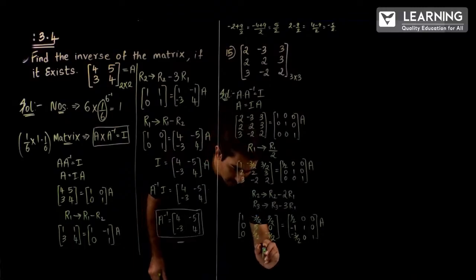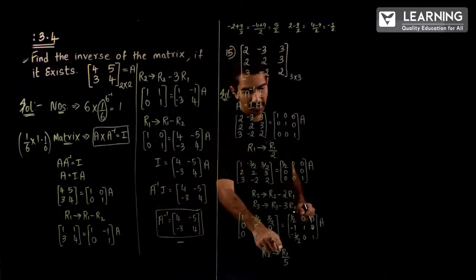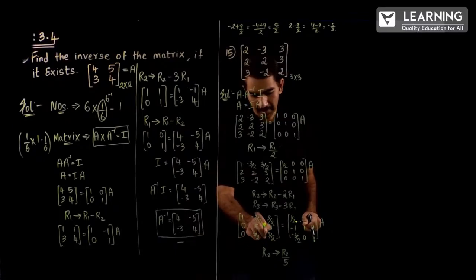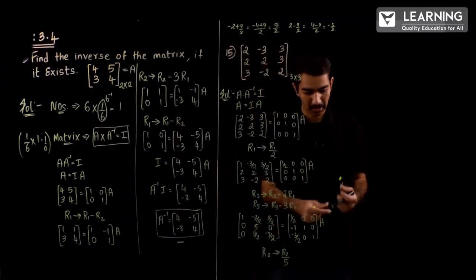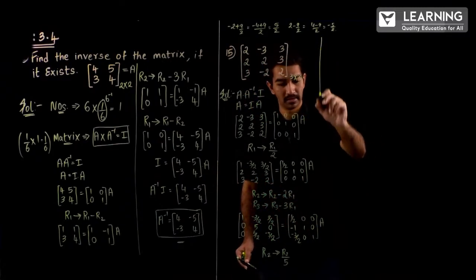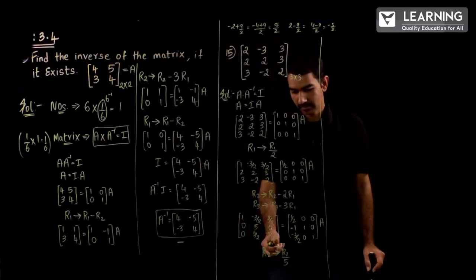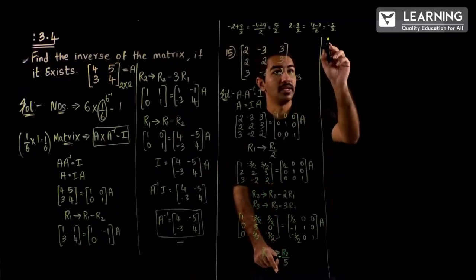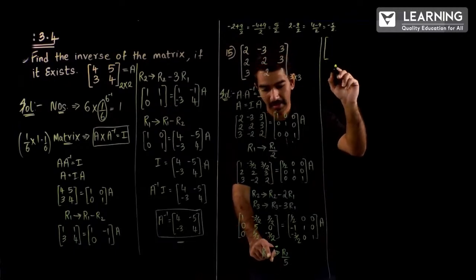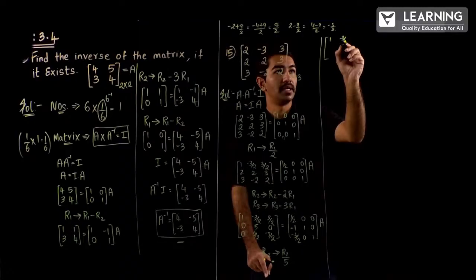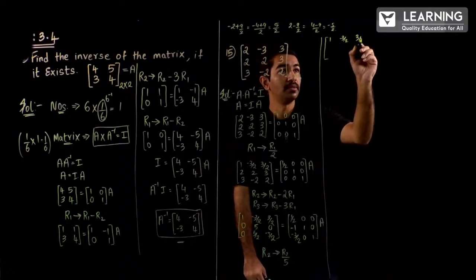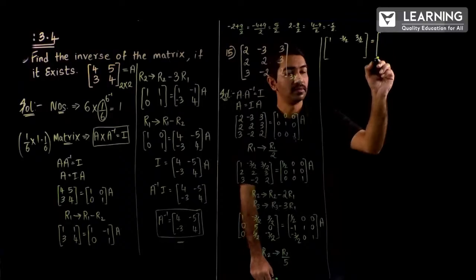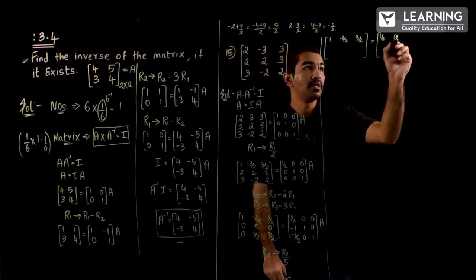So we'll write R2 equals R2 by 5. R2 by 5, what will happen? 0 by 5 is 0, 5 by 5 is 1, 0 by 5 is again 0. Understanding? So we'll apply this operation now. On this side we'll start. R2 by 5. So here we'll write R1 and R3 are same. So 1, minus 3 by 2, 1 by 2, 0, 0.